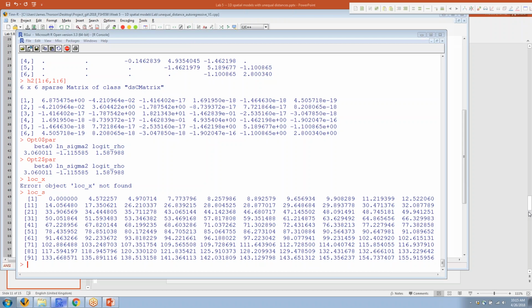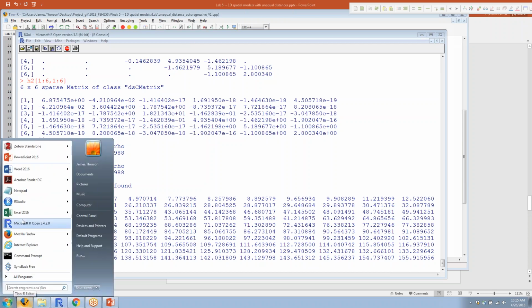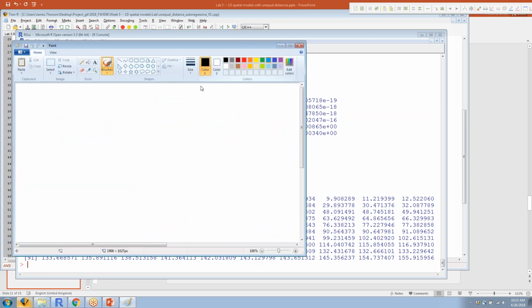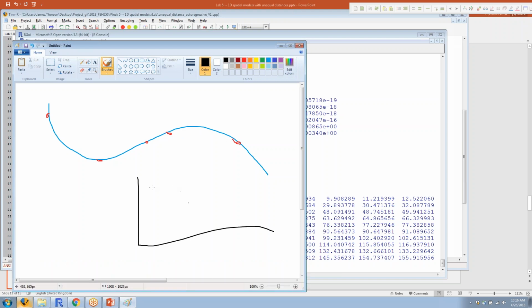Well, so if you had a linear and a stream, sites, and you have a linear correlation function.